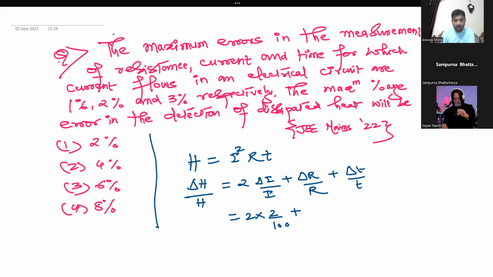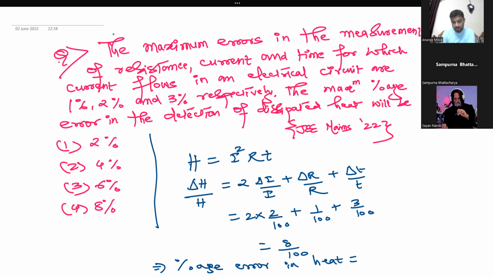Delta R by R is 1%, so 1 by 100. And delta t by t is given as 3%, 3 by 100. So 3 plus 4, 7, and 1 is 8 by 100. Obviously, we can say that the percentage error is 8 by 100, which means it will be 8%.